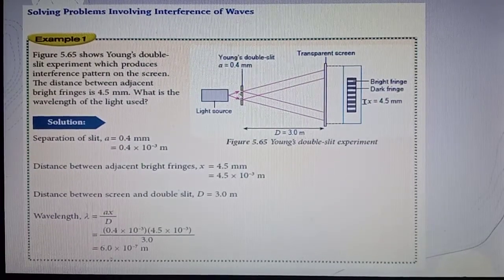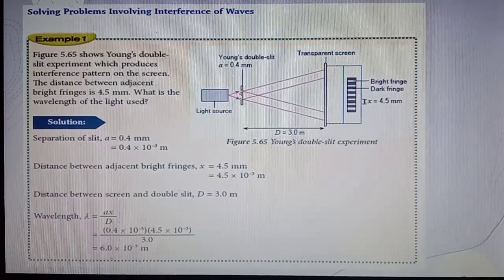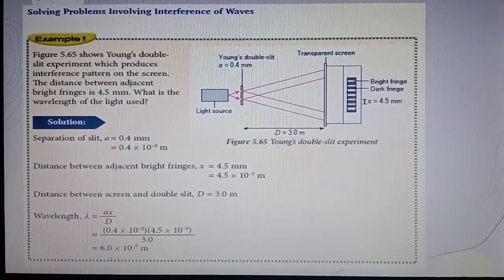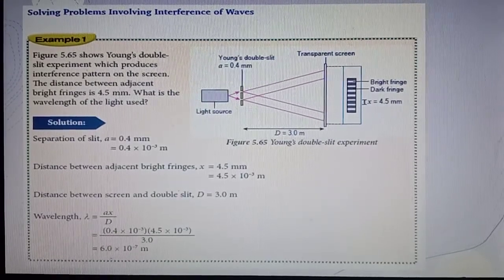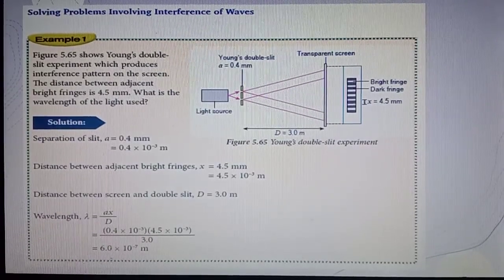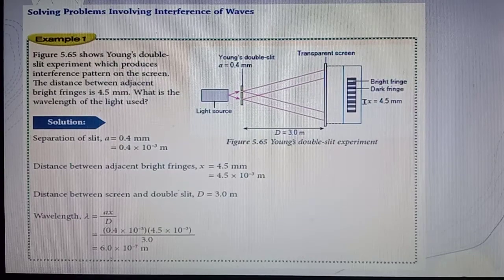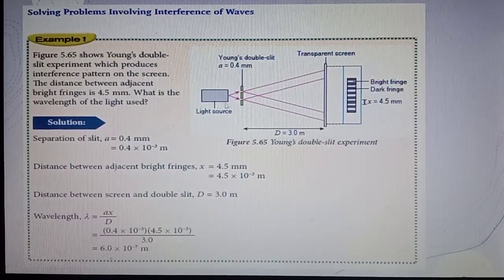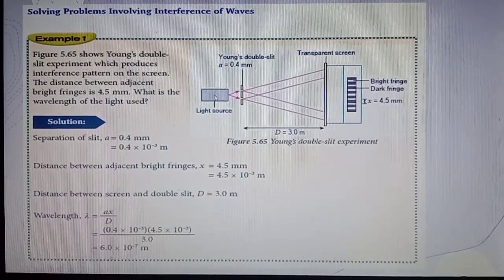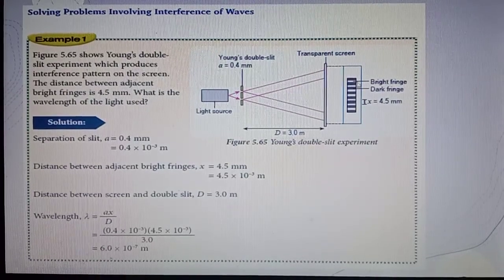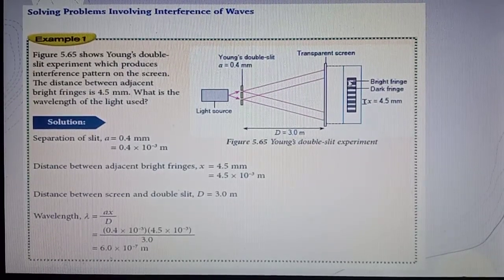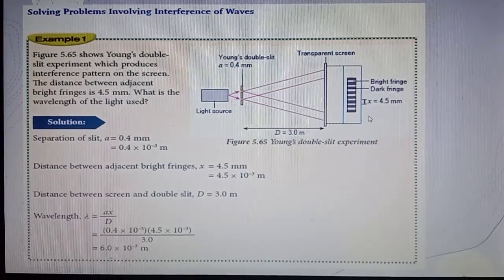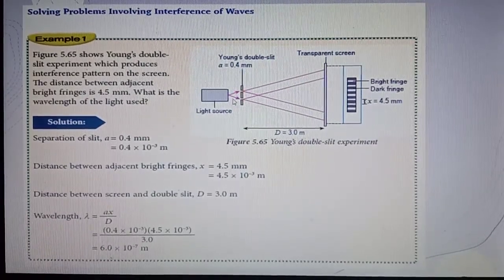Let's say you want to produce monochromatic red light, so you put a red filter, because a red filter just allows red color to pass through. If you want yellow color, you put a yellow filter. We cannot use white light straight away, because white light will produce a spectrum of colors here. So it's very hard to measure the value of x. That's why we use monochromatic light.